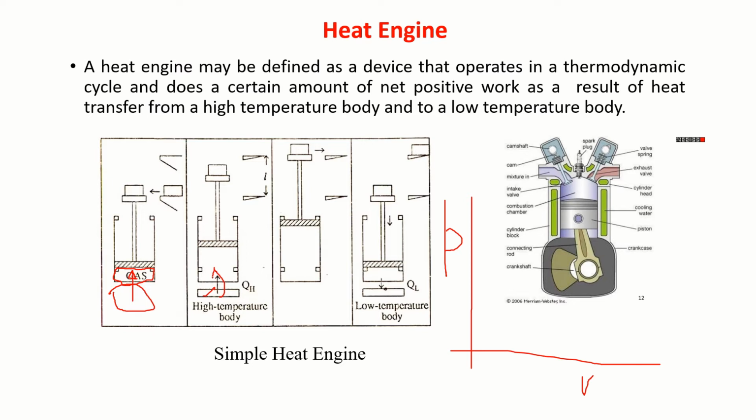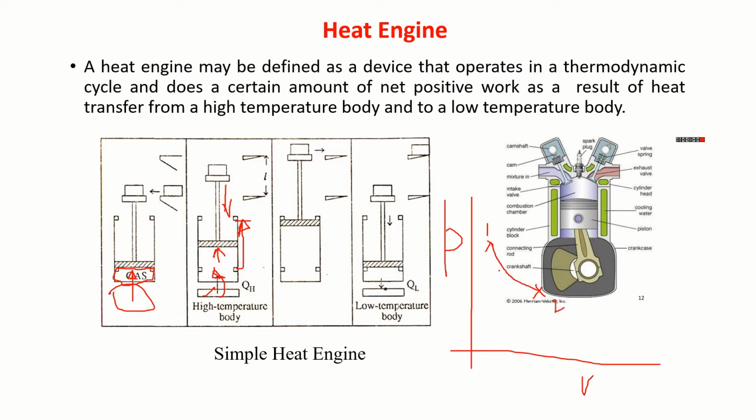As the heat is supplied to the system, the pressure of the system will increase, and the force acting on the piston will be greater than the weight acting downwards. So the piston will start moving from, say, state 1 to state 2. Let us consider that this is the initial state 1 and it will move to state 2.